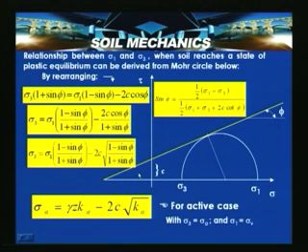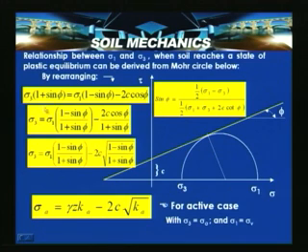From the geometry of the circle, we can write sin phi is equal to (sigma 1 minus sigma 3) divided by (sigma 1 plus sigma 3 plus 2c cot phi), and this derivation you would already have discussed while learning about shear strength. By rearranging these terms, we can write sigma 3 into (1 plus sin phi) is equal to sigma 1 into (1 minus sin phi) minus 2c cos phi.